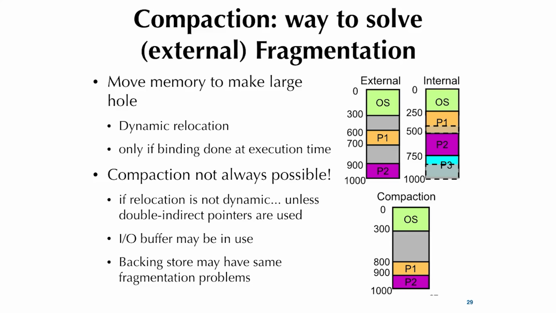The relocation register. It's hardware. It's transparent to the program. So if you do binding at execution time, you're in luck. But that just means you're likely to have a chance to do compaction, but it's not always possible.